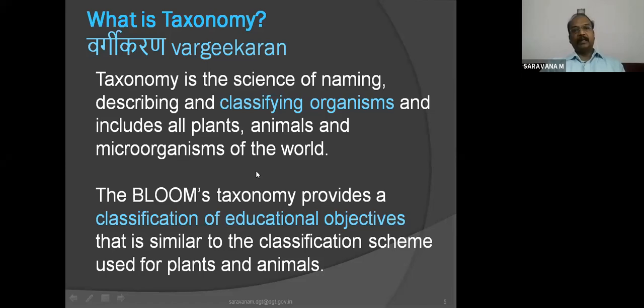So taxonomy means living organisms, every creature, it may be a cell or bacteria or insects, plants, trees, human beings, animals, birds, everything is living organisms. So how are these living organisms classified? A particular plant will have a root, stem, flower, leaves, seeds, fruit and all. So this is considered as taxonomy.